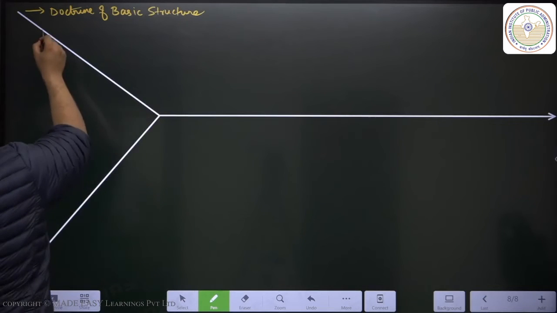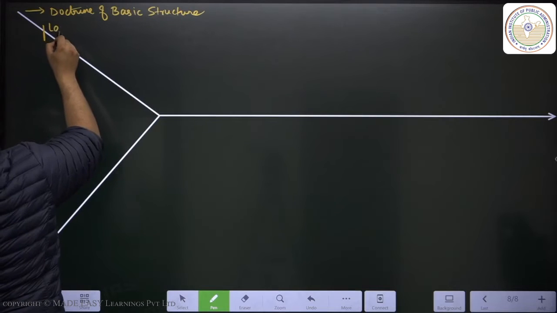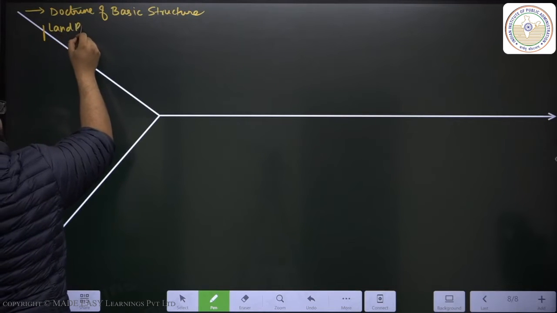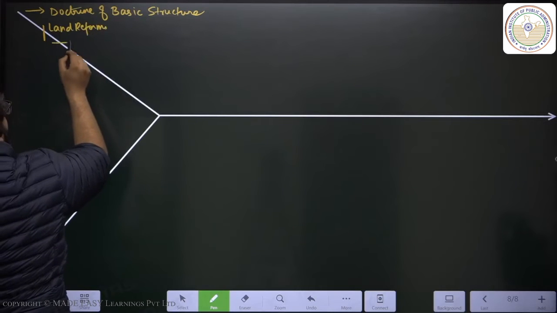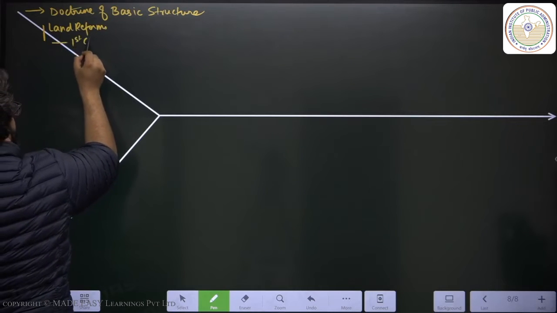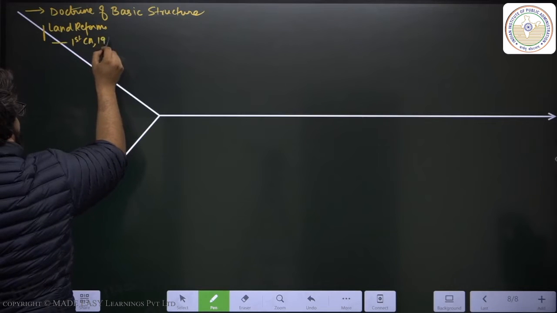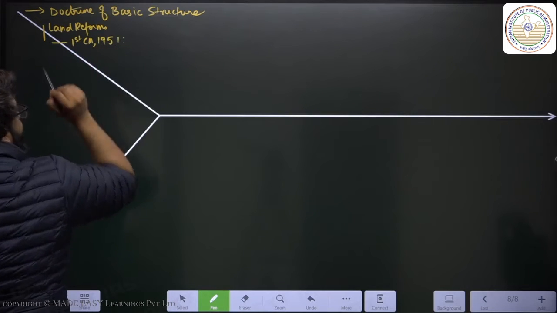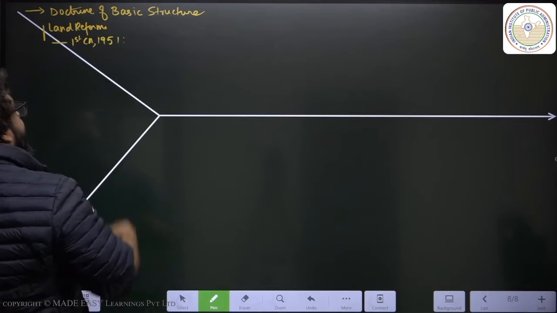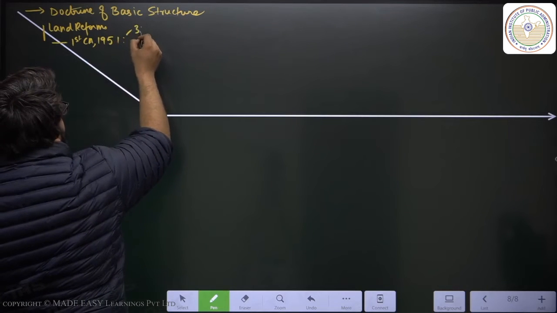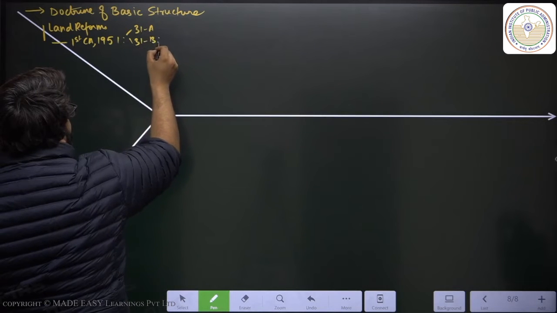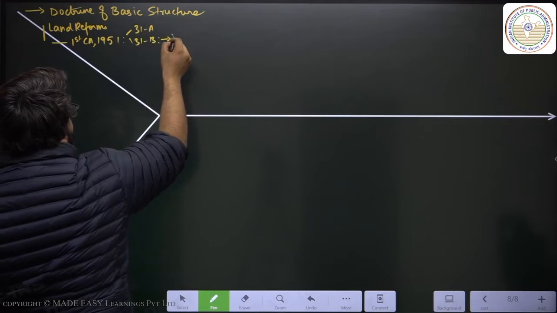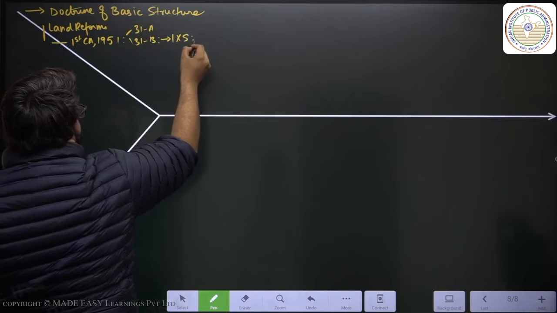It starts with certain land reforms, leads to the first Constitutional Amendment Act of 1951, wherein Articles 31A and 31B are added, and 31B also added the 9th schedule.